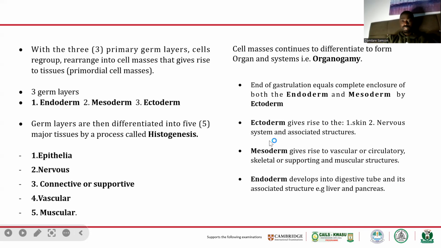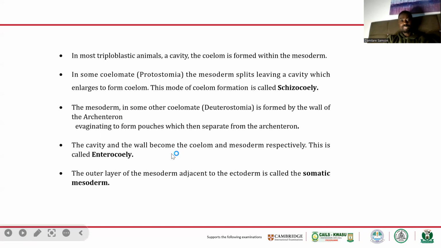What we are trying to say here is the three of them lead to the next stage, that's from tissue to organ. So you will see them coming together as tissue to form a particular organ in the body. So in most triploblastic animals.